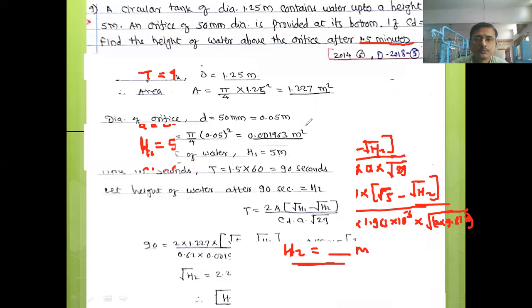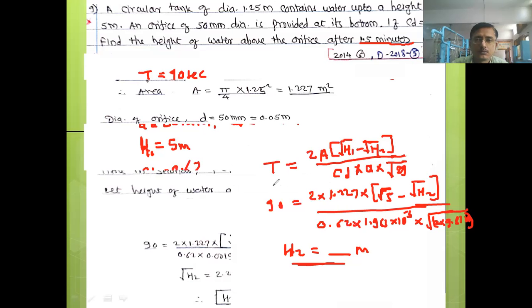So 90 multiplied by 0.62 into 1.963 into 10 to the power minus 3 into bracket 2 into 9.81 bracket complete, divided by 2 into 1.227 bracket complete is equal to this.